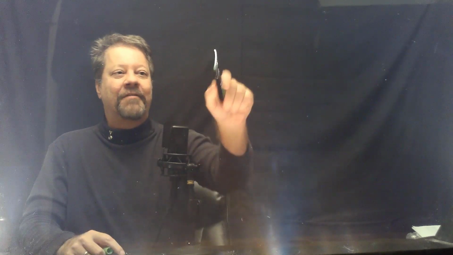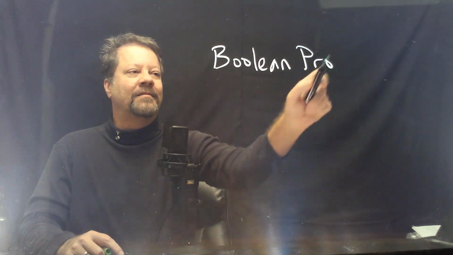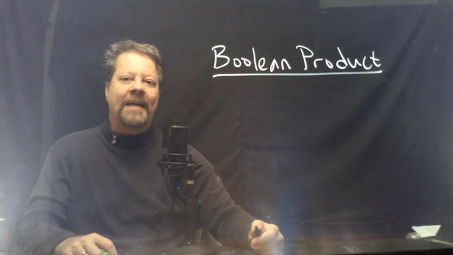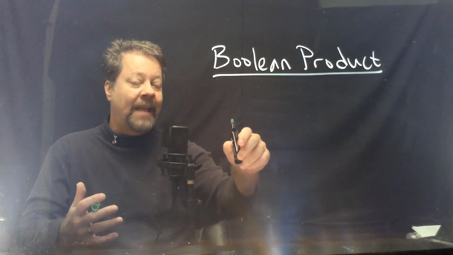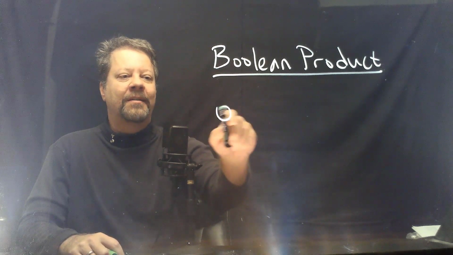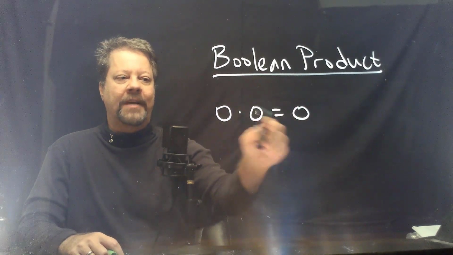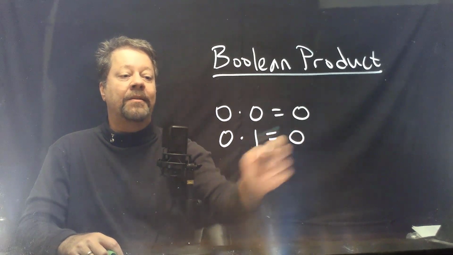We also have the Boolean product. If the Boolean sum acted like OR, the Boolean product acts like AND. So here, 0 times 0 is 0. False and false is false. 0 times 1 is 0.